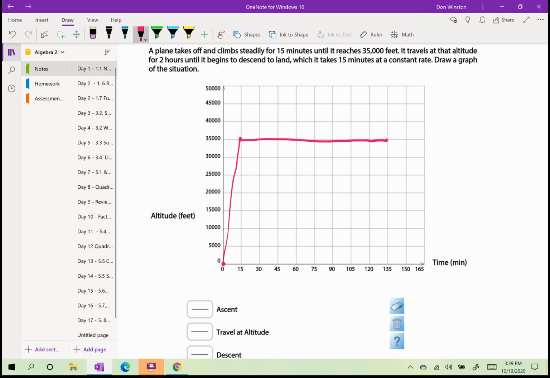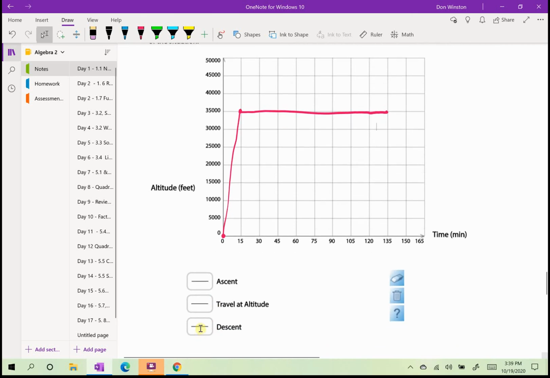That represents 2 hours. Then it begins descent and landing, which takes 15 minutes. So you click the descent key, place a marker there, and go all the way down. 15 minutes would be 150 minutes.